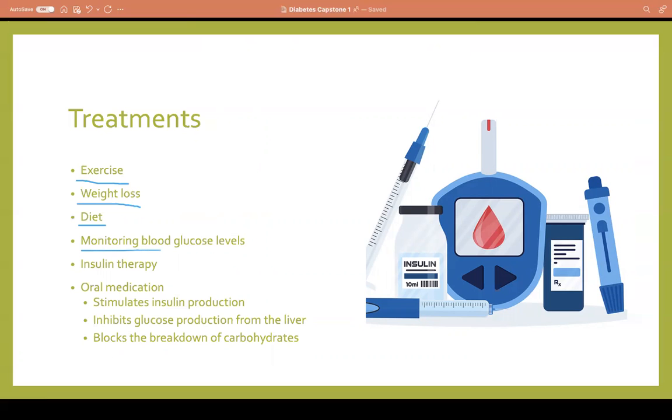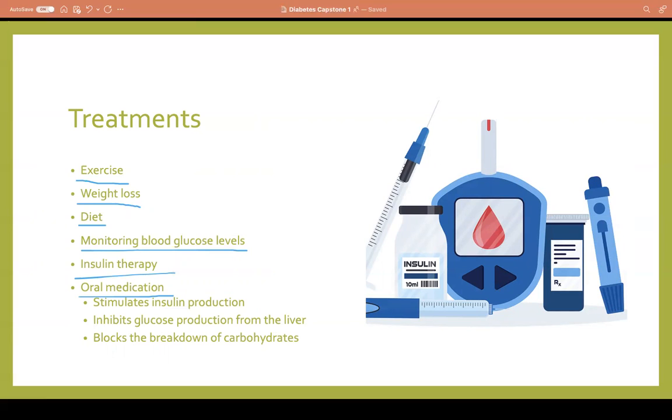It's really important for people to monitor their blood glucose levels to see if they're falling too low or too high. And then using insulin therapy or oral medications to combat the insulin resistance in the cells and the high blood sugar that someone with type 2 diabetes is experiencing.